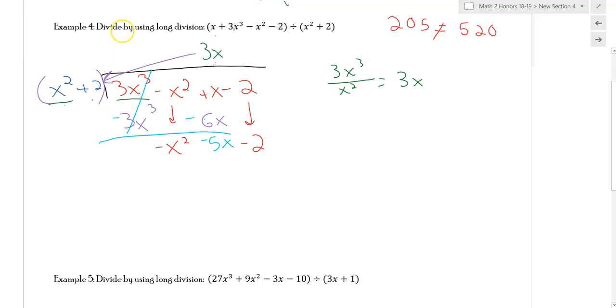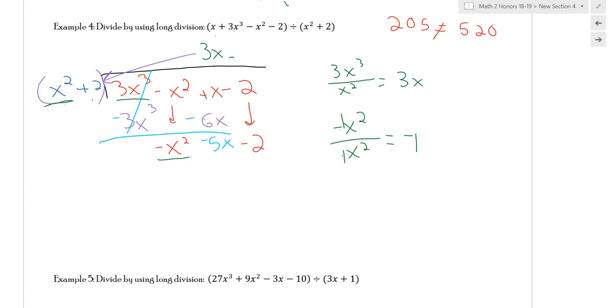Now again, dividing our first number here and our first number here. Negative x squared divided by x squared is not 0. All right, there's a 1 here and a 1 here. And negative 1 divided by 1 is negative 1. Be very careful if those like numbers cancel out and there's no 1 in front.